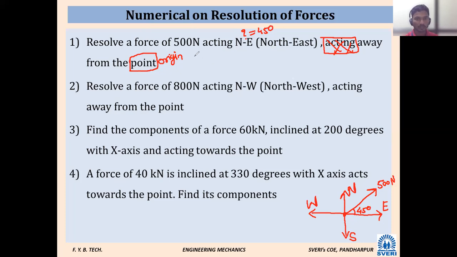So what will be its x component and what will be the y component? Unit will be Newton.